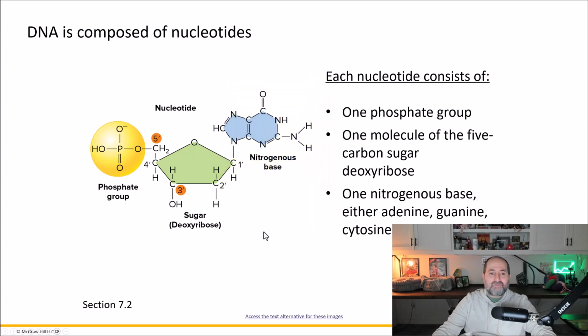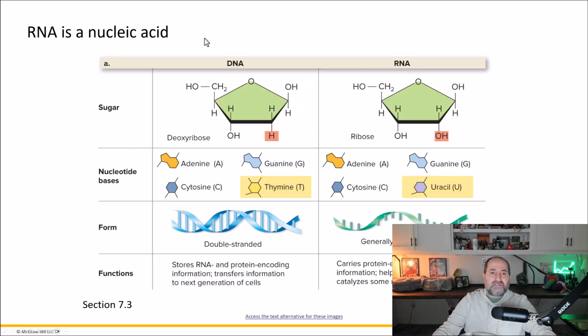And then do you remember another very important thing is being able to compare DNA and RNA? Remember that the pentose sugar of DNA is called deoxyribose, and the pentose sugar of RNA is called ribose. You remember that the nucleotides of DNA are A's, G's, C's, and T's, whereas the nucleotides of RNA are A's, G's, C's, and U's.